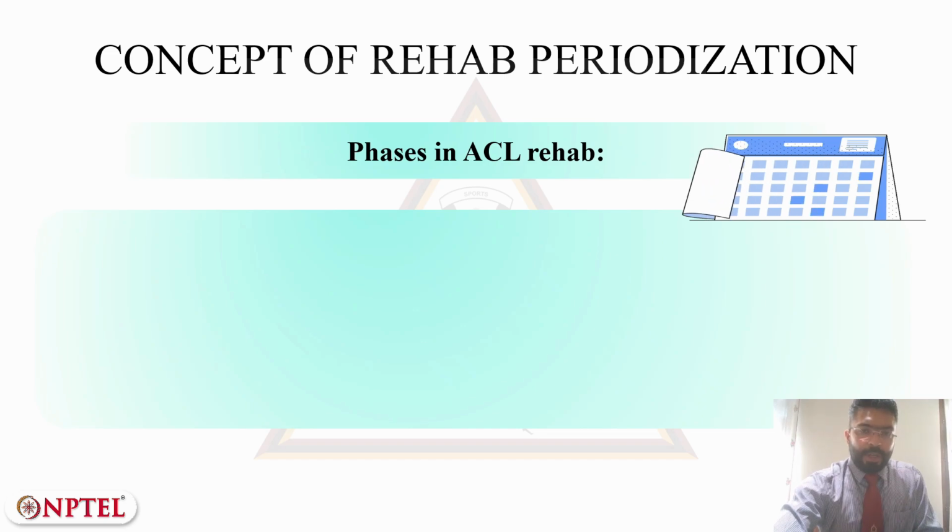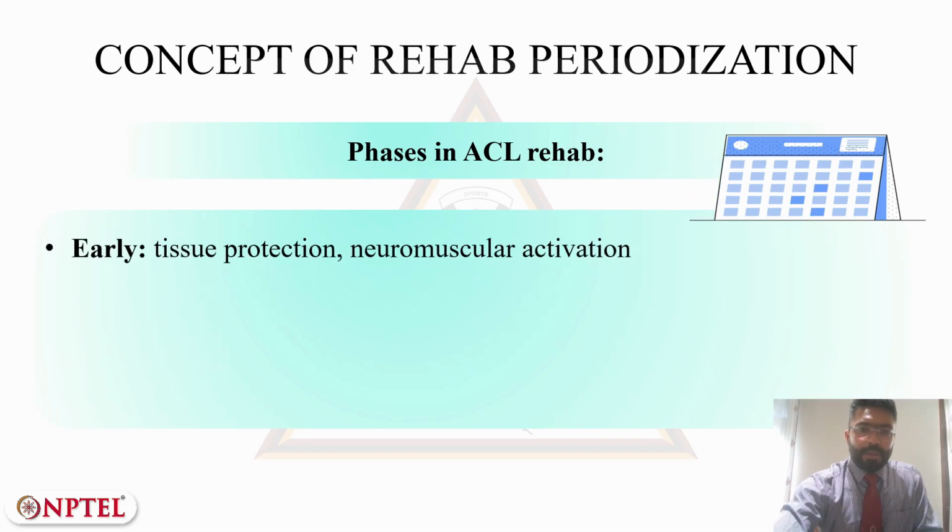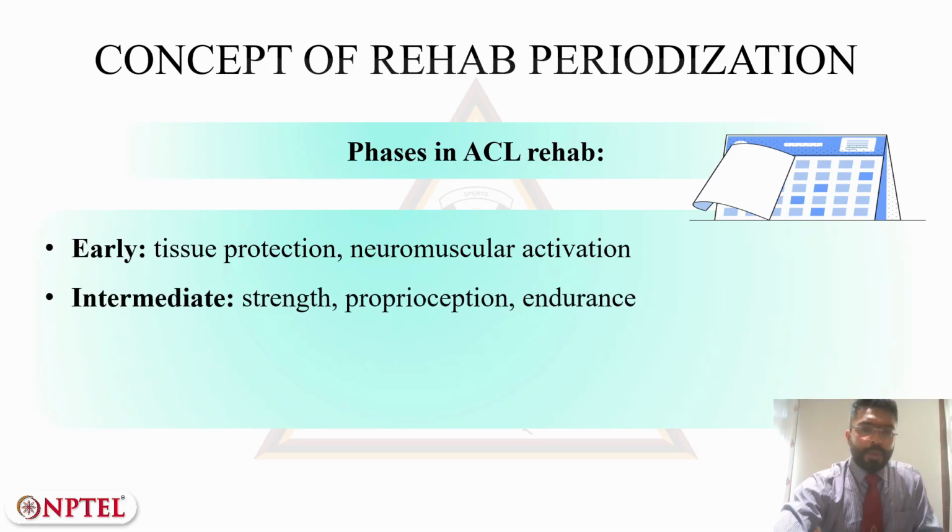So the concept of rehabilitation periodization can be incorporated in ACL rehabilitation, such as in the early phase, the goals are for tissue protection and neuromuscular activation while reducing pain and improving function. In the intermediate phase, we focus on strength, balance and proprioception, and building muscular endurance while maintaining your cardiovascular endurance by cross-training modalities.